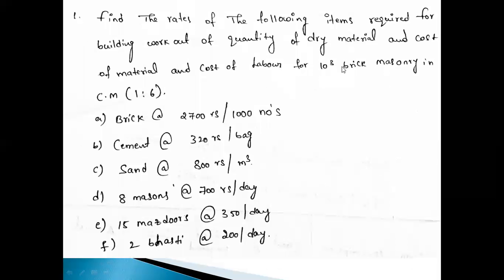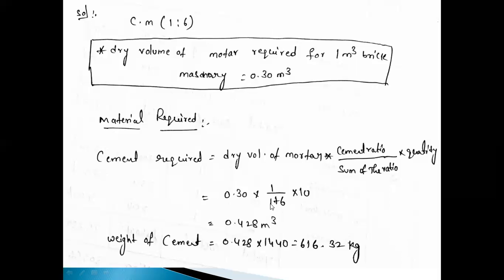Here given the 10 cubic meter brick masonry in the problem. So substitute it and multiply. Then finally cement requirement is equal to 0.428 cubic meter.